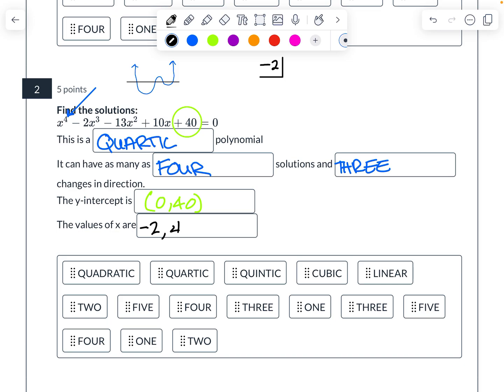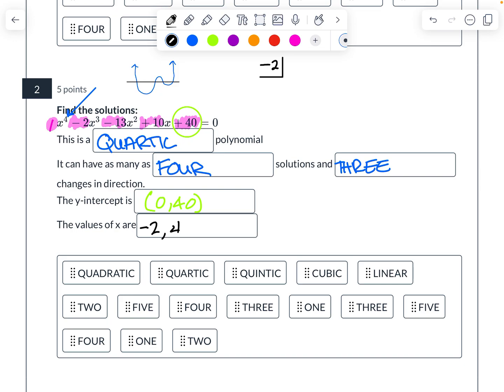And then remember, when we do synthetic division, friends, we take the lead coefficient, which is right here, the coefficient of the x to the 3rd power, the coefficient of the x squared, the coefficient of the x, and the constant. We take all those numbers, and remember, if you don't see the number, it's a 1.